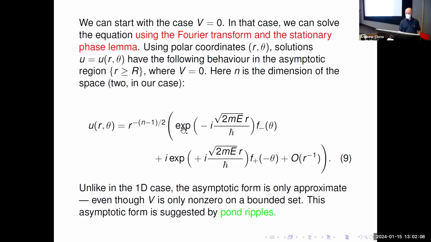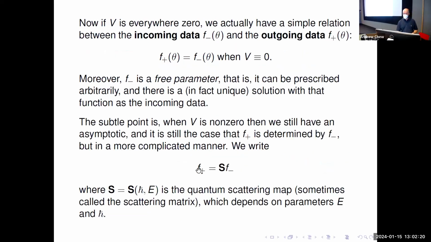So this will be this incoming circular wave. It will also have this outgoing circular wave with some F plus. And whatever that F plus is, it's determined by F minus. So we'll call it this operator S applied to F minus. This is the quantum scattering.